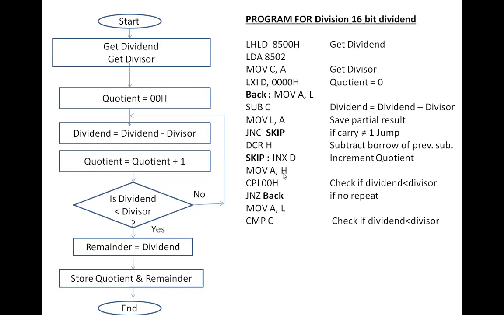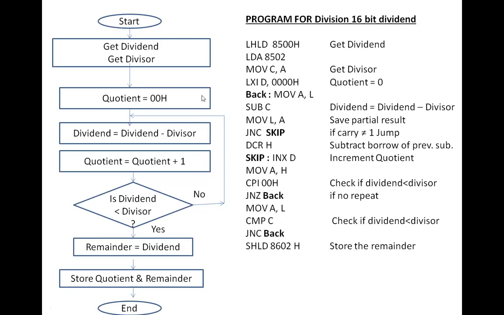Both this checking of H as well as L is to check whether the dividend has become less than the divisor or not. And if it is not so, it will go back. So in both cases, if H is not equal to 0 as well as L is not less than C, it will go back and do the subtraction process.